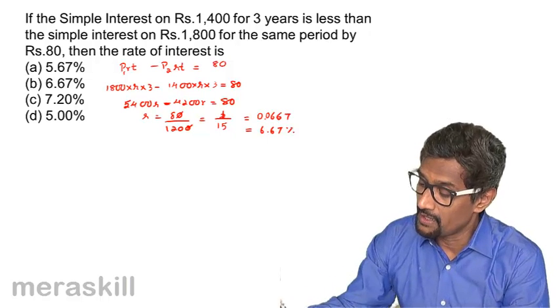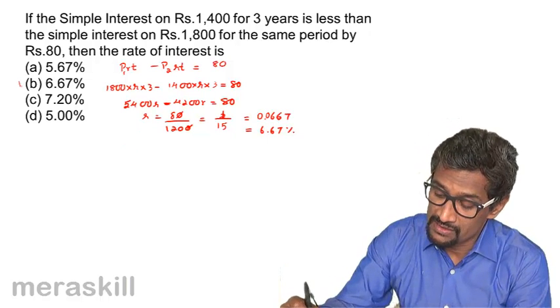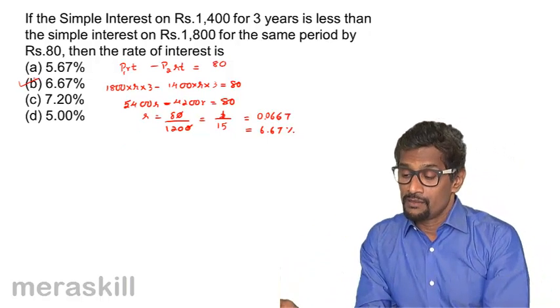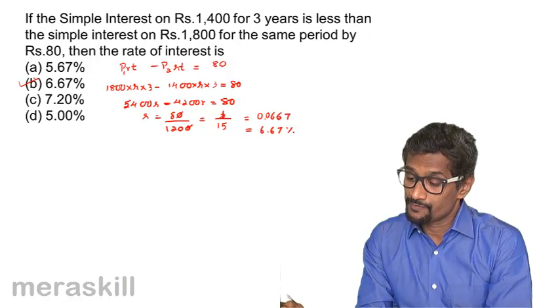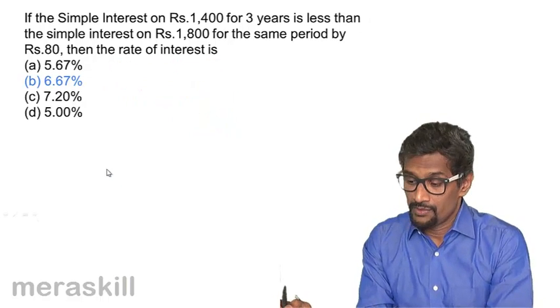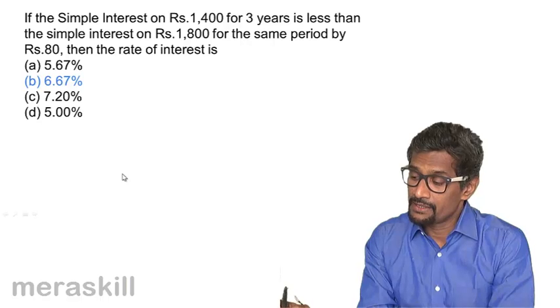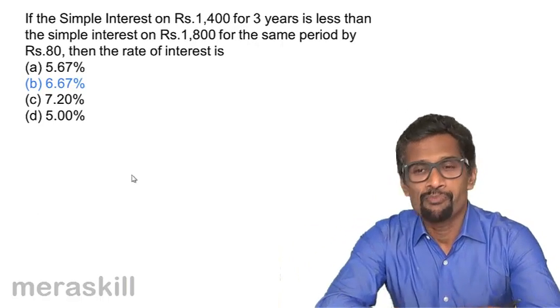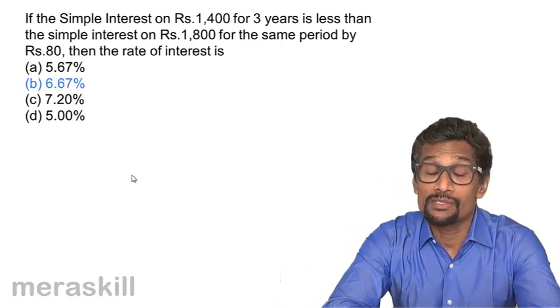You have to multiply by 100. So the rate of interest is 6.67%. Right, it's 6.67%. So we have taken quite a number of questions on simple interest.